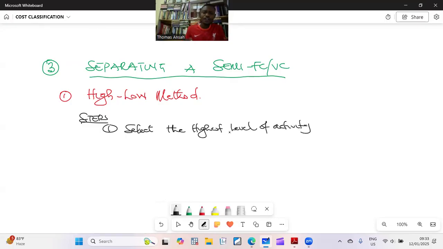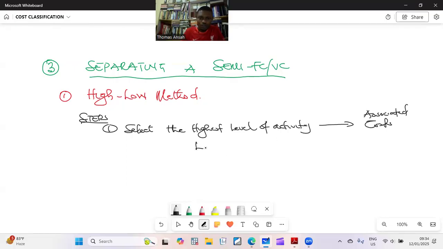When you find the highest level of activity, also find alongside its cost, not just the level of activity. So find their associated cost, which will be given to you.